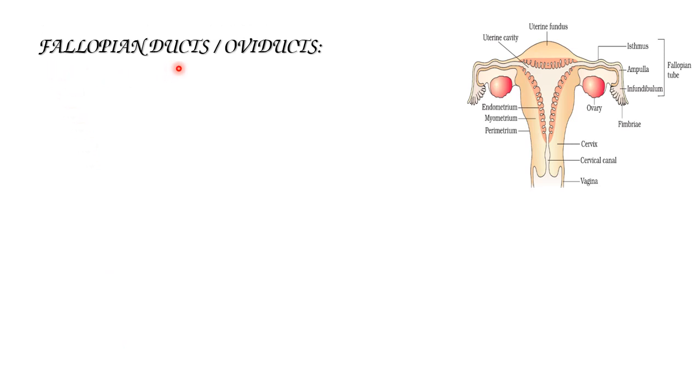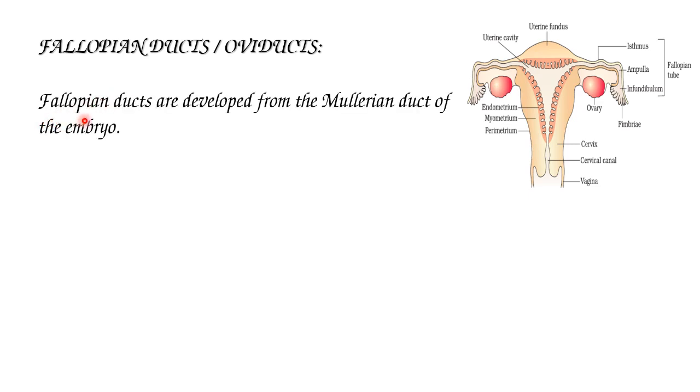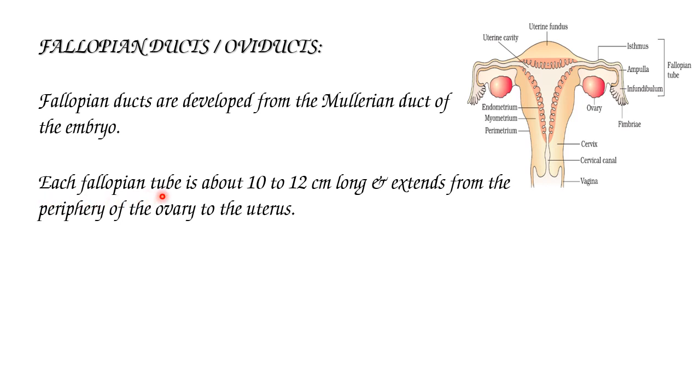Fallopian ducts develop from the Mullerian duct of the embryo. Here the Mullerian duct is the precursor of the reproductive organs in the embryo during intrauterine life. Each fallopian tube or duct is about 10 to 12 centimeters long, and it extends from the periphery of the ovary to the uterus.